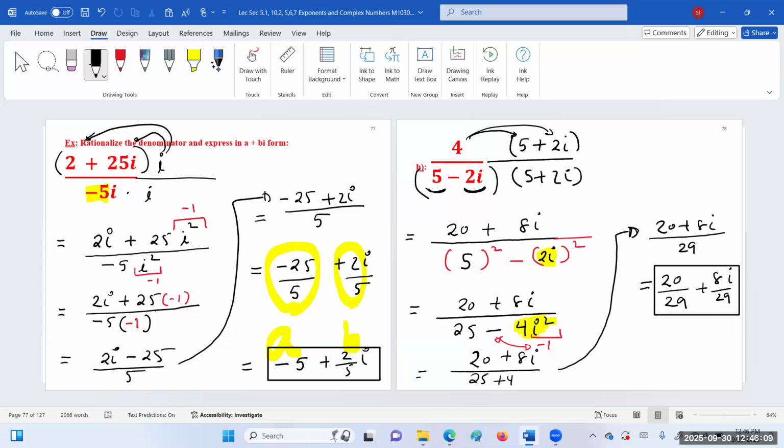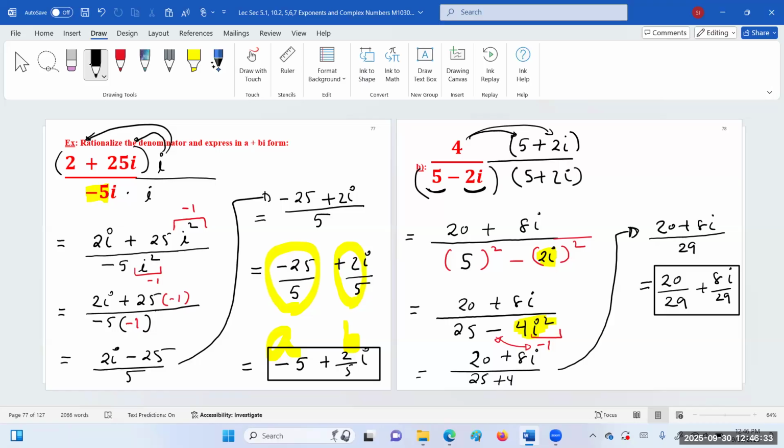So in the exam or in the homework or anywhere, it will not tell you to rationalize the denominator. It will either tell you divide or simplify or simply just rationalize. So it doesn't matter what direction it says. Anytime you are dividing imaginary numbers, you always have to rationalize the denominator, never the numerator.